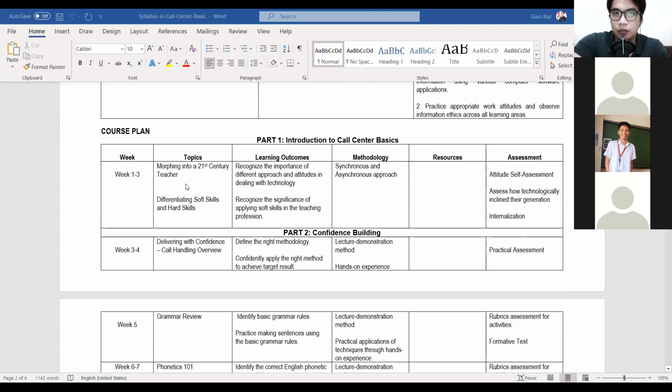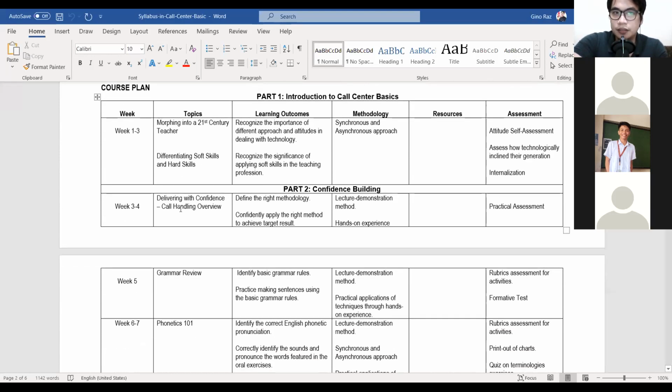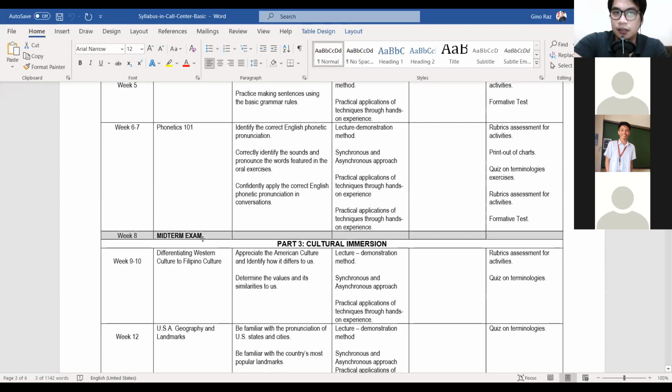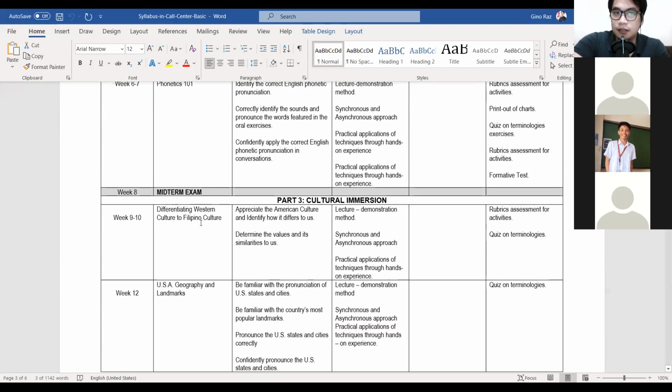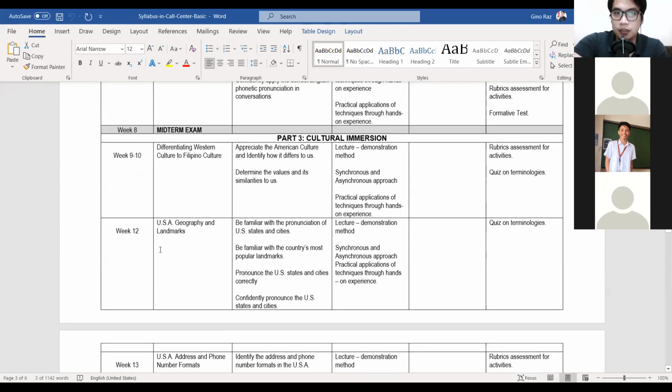So week 1, of course, by default, morphing into a 21st century teacher, differentiating soft skills and hard skills, delivering with confidence, call handling overview. So what we will be doing is the call handling overview. Okay, and the grammar review, phonetics, then midterm exam, then differentiating different cultures such as the culture in the Western world.